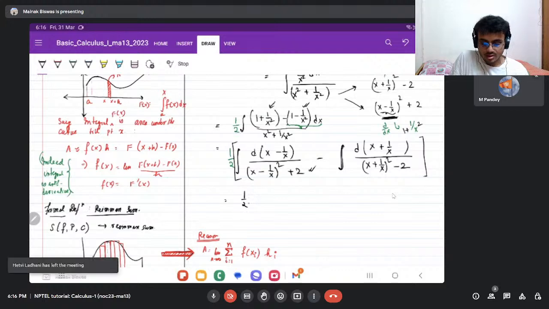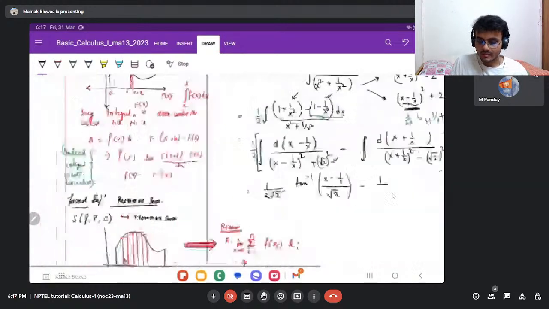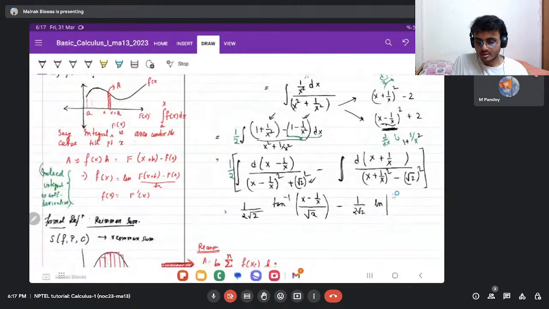So half of this, with root 2 squared, will be tan inverse of x minus 1 by x by root 2, minus 1 by 2 root 2 log of x plus 1 over x minus root 2 by x plus 1 by x plus root 2, plus c.